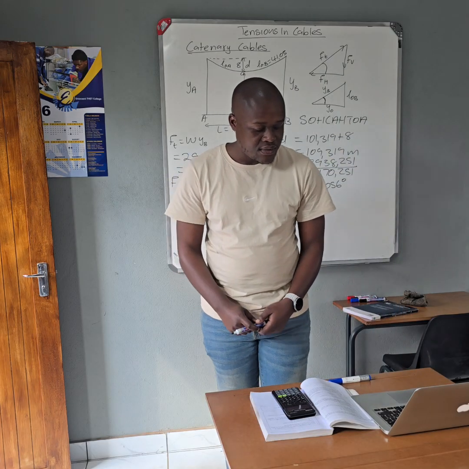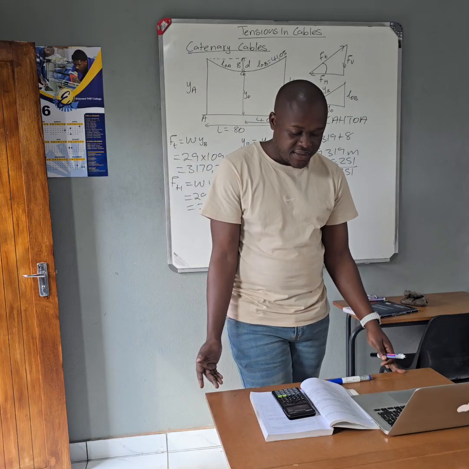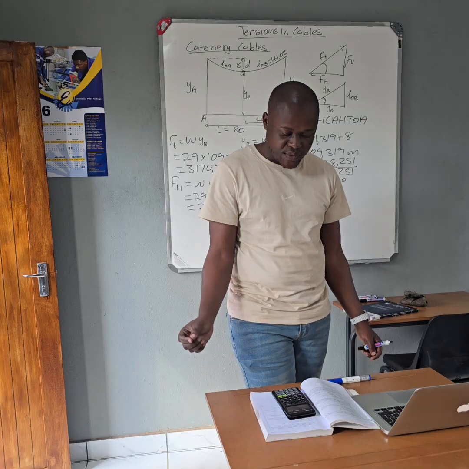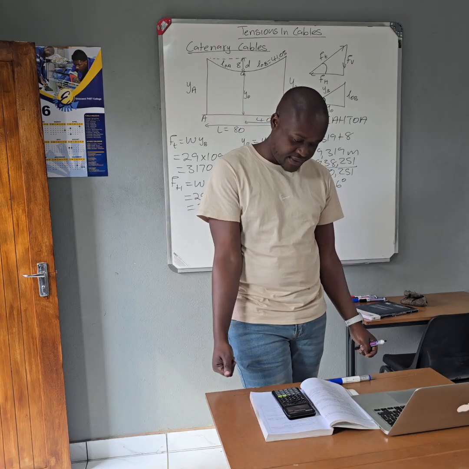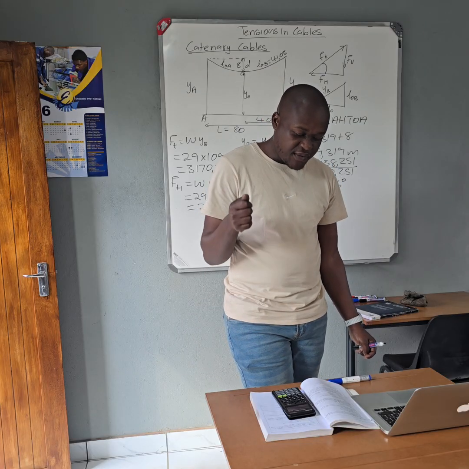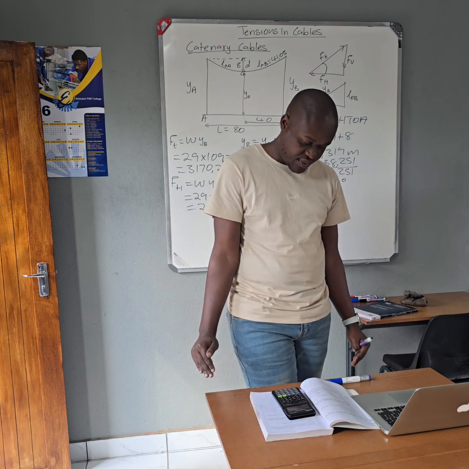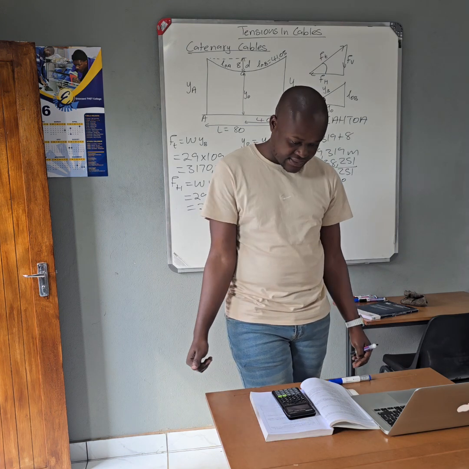Then there is number 2 there. A chain with the length of 32 meters is suspended between 2 points on the same level. The angle of the chain with the horizontal at the support is 60 degrees.